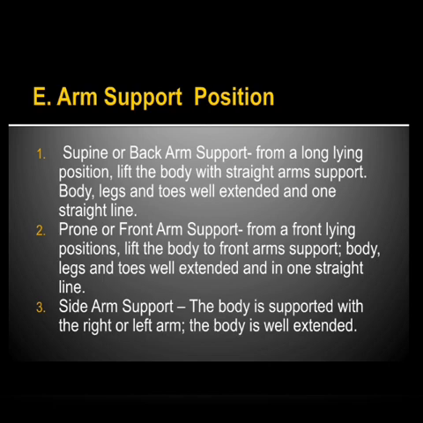From a front lying position, lift the body to front arm support, body, legs, and toes well extended and in one straight line. 3. Side arm support. The body is supported with a right or left arm. The body is well extended.